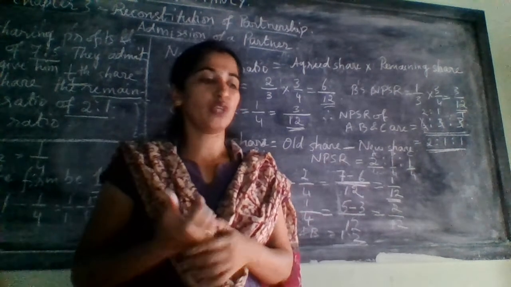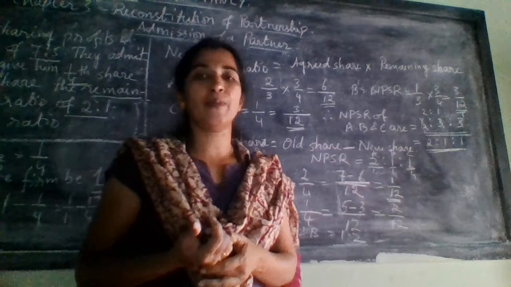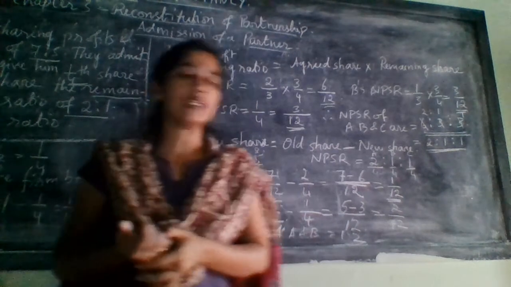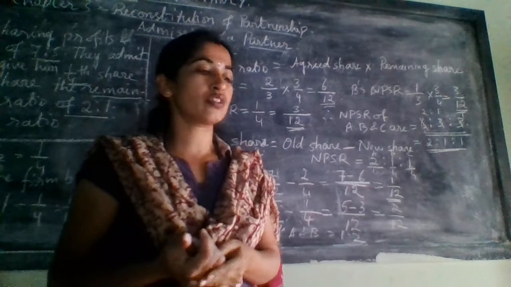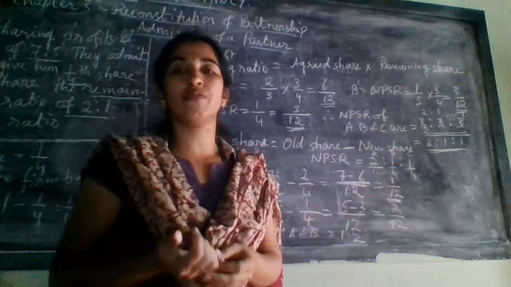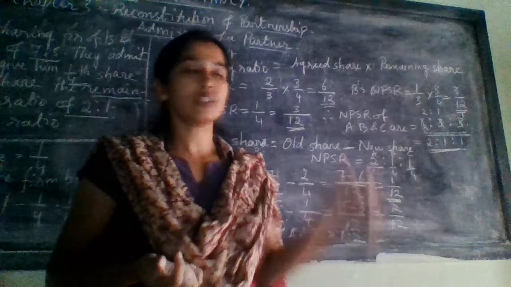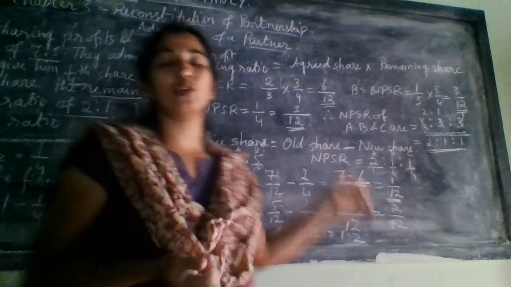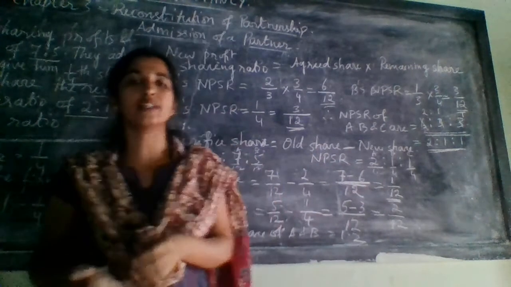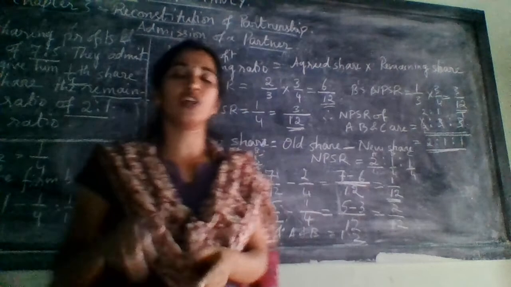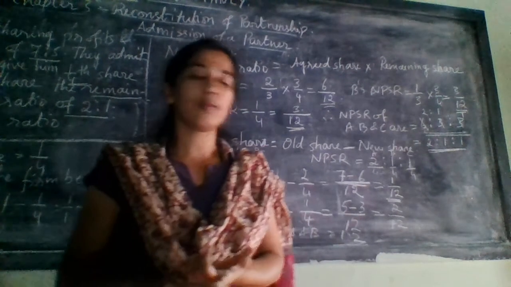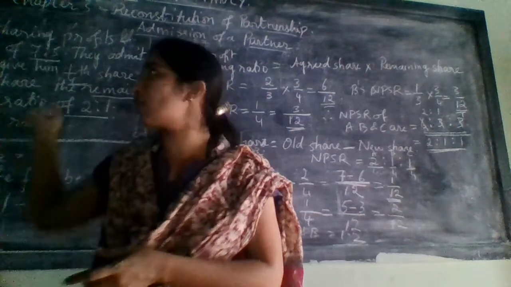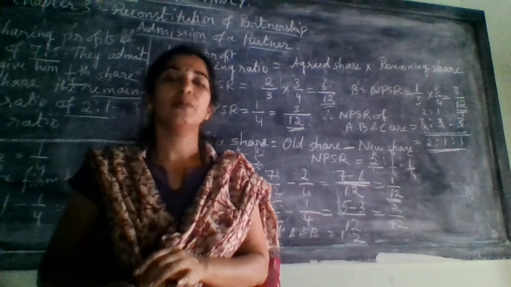So please ask your seniors or your friends, write those and take a xerox of the question bank, because after this I'll do new profit sharing ratio, and after that we need to do 12 mark problems. When I am doing 12 mark problems, I can't dictate or write all the questions on the board.